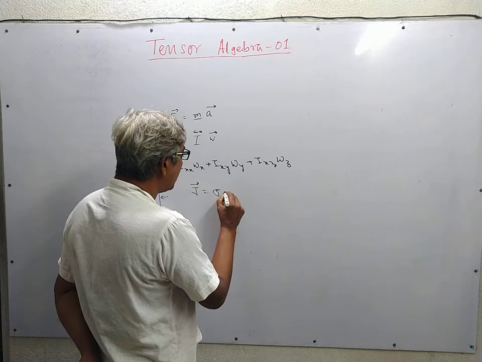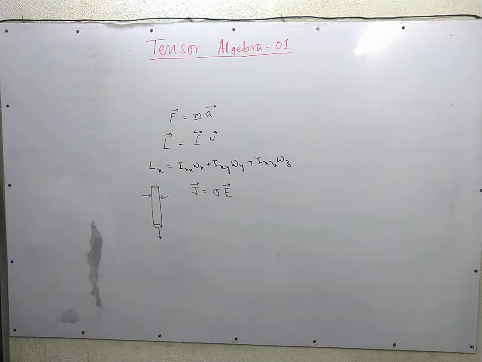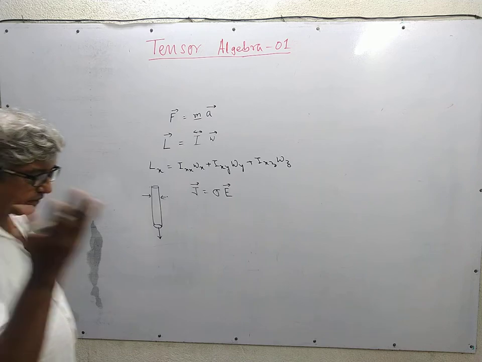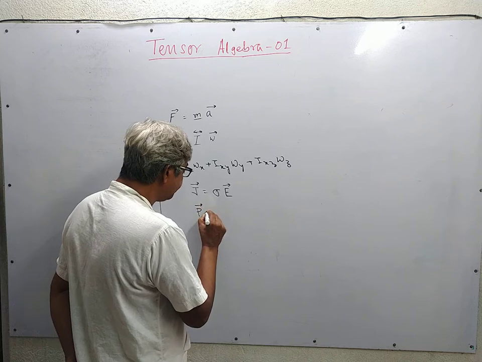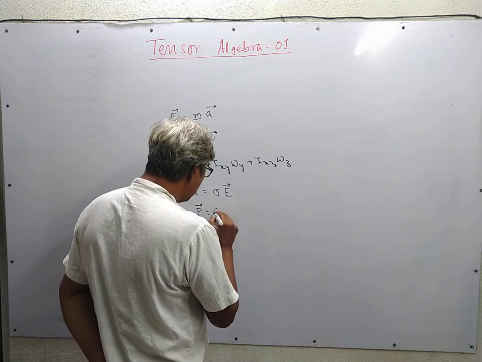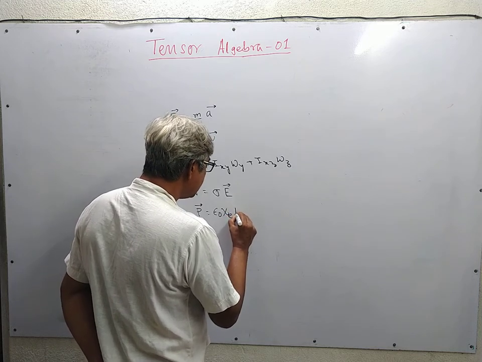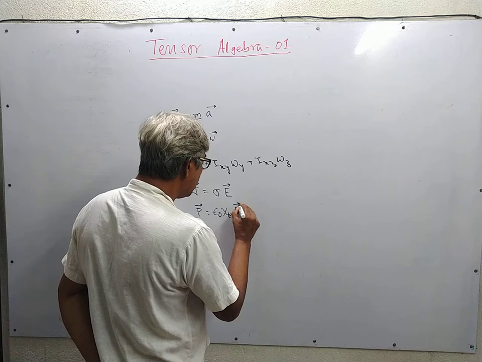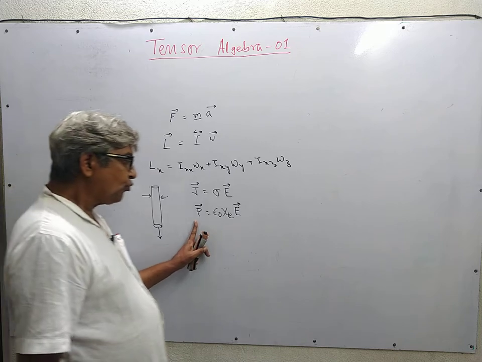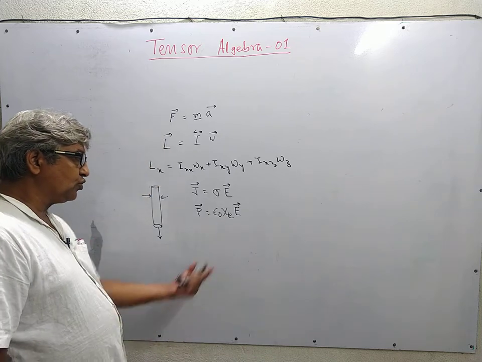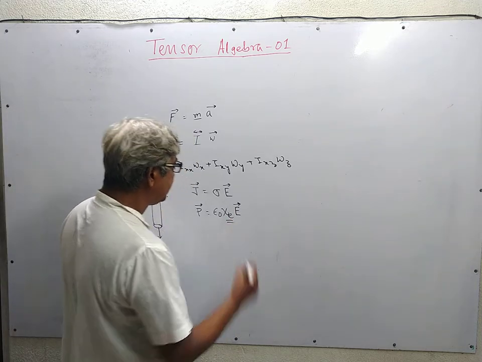If we apply such a relation, or if we apply the polarization, then for an anisotropic medium, this chi E susceptibility is a tensor.